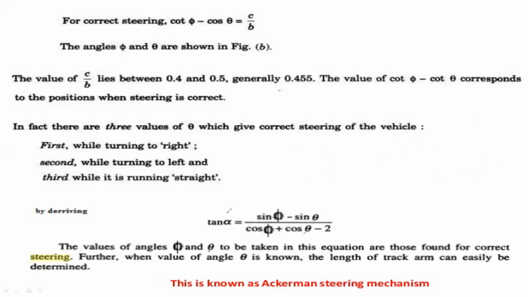I can measure those values and substitute them in this equation. I get the C by B value in the range of 0.4 and 0.5. If the value lies between these two values, the steering position is correct in the automobile vehicle.